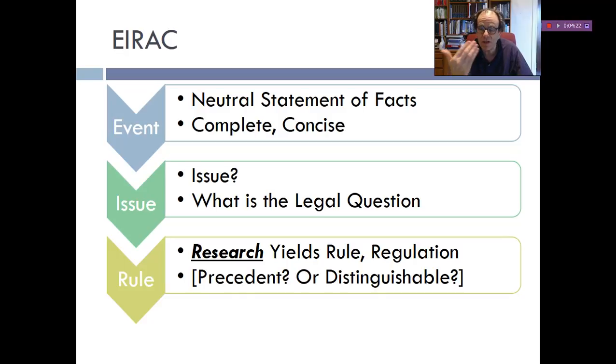It's about rounding up steer. If there are cases about rounding up sheep, they may or may not mean the same thing. Rules or regulations about how to treat sheep generally have nothing to do with how to treat a longhorn steer. So we want to be careful that we've found legal research that works for us.